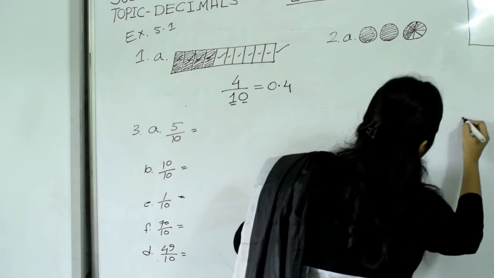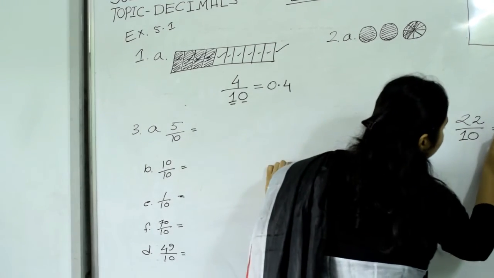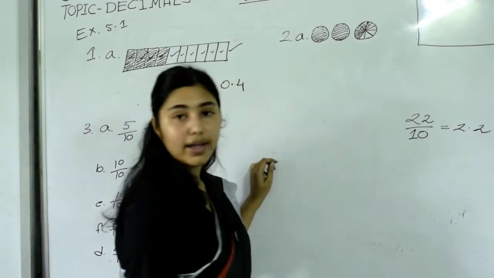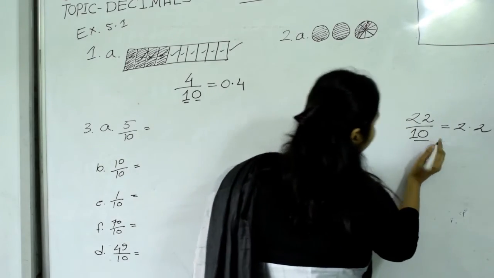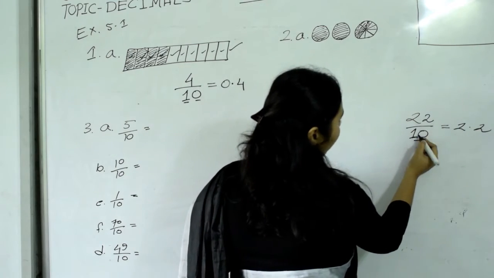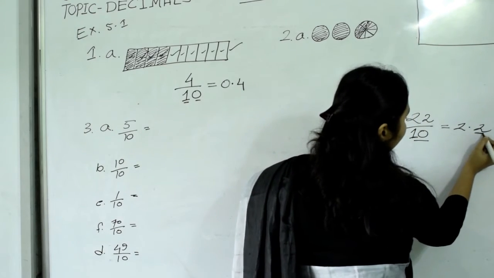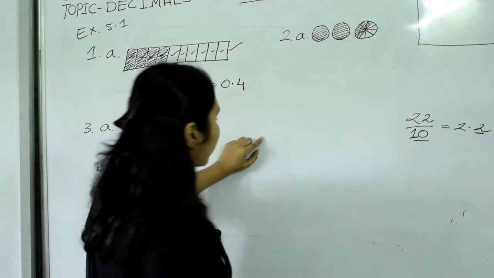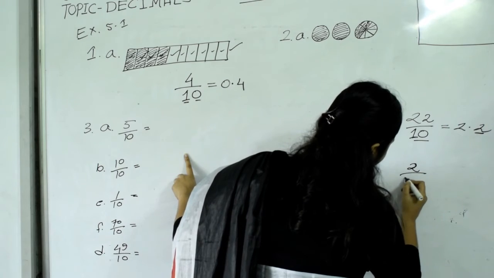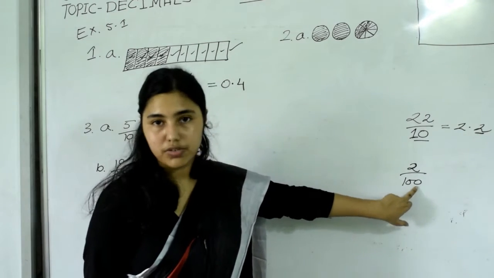That's why we are placing this decimal point at 1 decimal place. Okay, so if we divide 22 by 10, the decimal value will be 2.2. Why? Because here, look at our denominator. Here 1 is followed by only 1 zero, right? That's why we are placing this point at 1 decimal place. Okay? Now if we divide 2 by 100, here 1 is followed by 2 zeros, right?